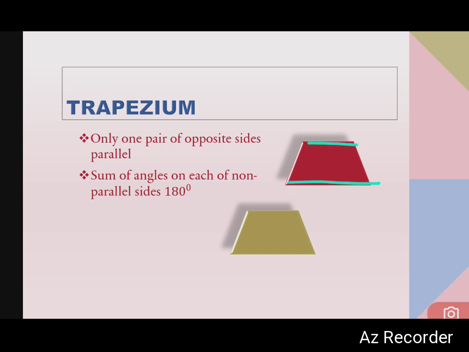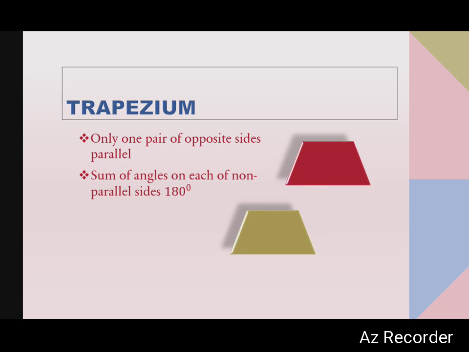Here only one pair of opposite sides is parallel, and the sum of angles on the non-parallel sides, this angle and this angle, is 180 degrees. So a trapezium is a quadrilateral with only one pair of opposite sides parallel, and the sum of angles on each non-parallel side is 180 degrees.